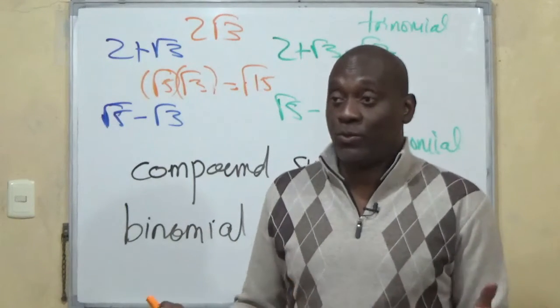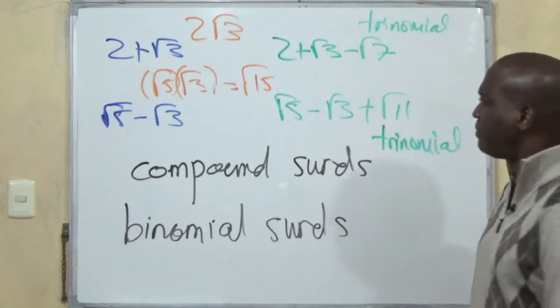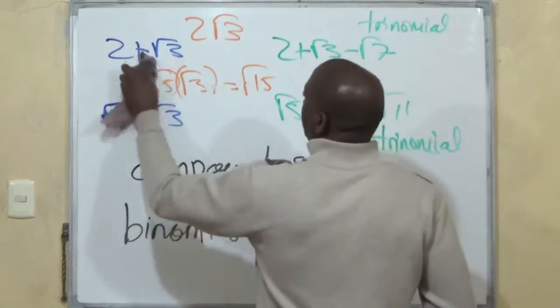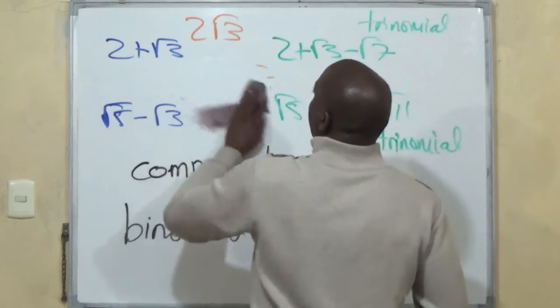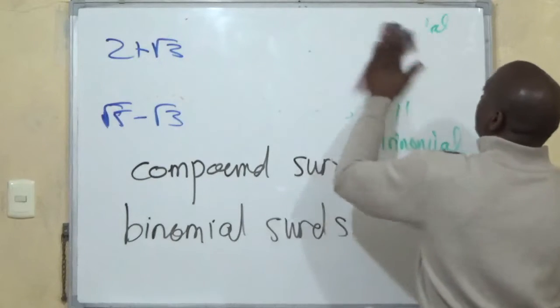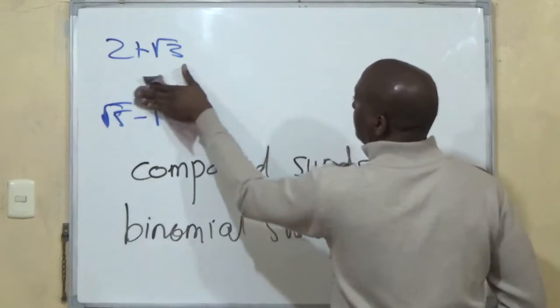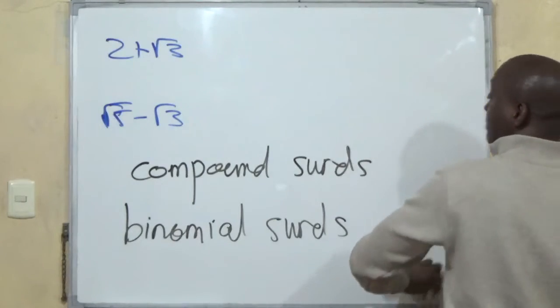Alright? So what are we talking about here? Let me go straight to the heart of the matter. How do we find the conjugate of these types of surds? Well, it's very, very simple.